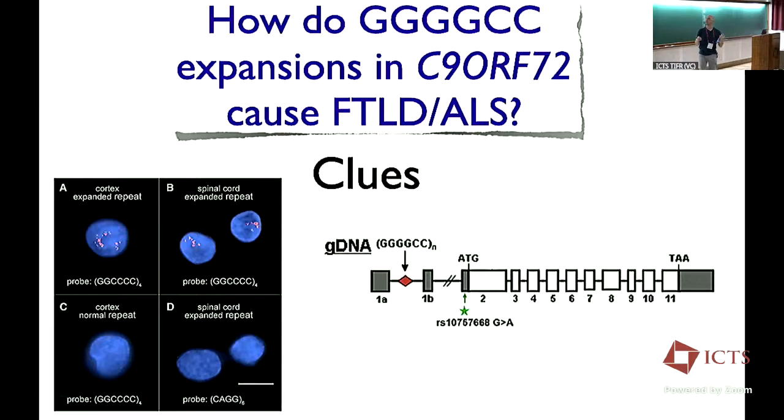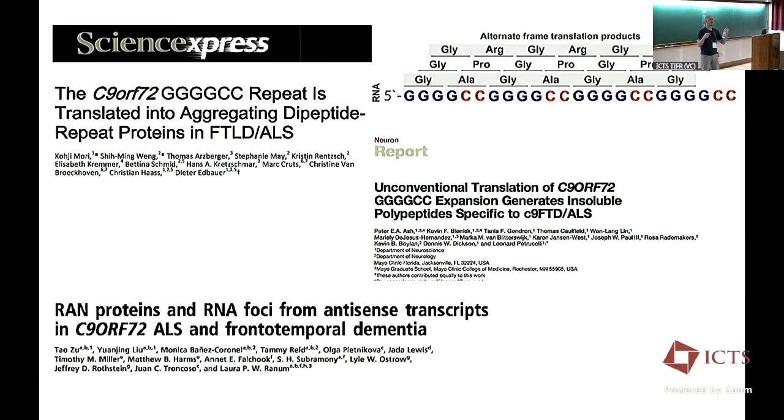And then it really became wild in that there's a third hypothesis. It turns out that these repeats can get translated in an AUG independent manner in all 6 reading frames, the sense and antisense. There's no AUG to start translation, so all reading frames get made to make glycine alanine, glycine proline, glycine arginine, and then the other ones like another copy of glycine proline, proline alanine, and proline arginine.